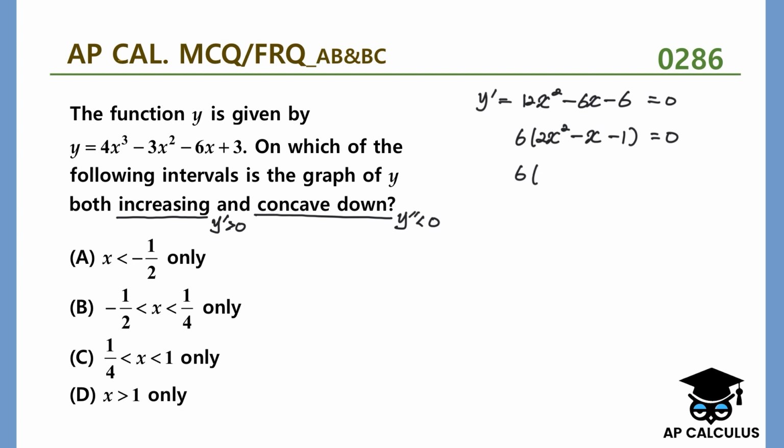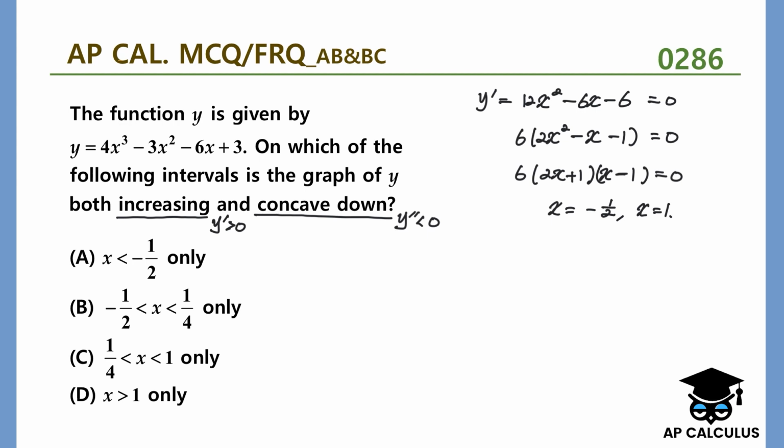So we have 2x and x, and we must have 1 with a minus sign here and plus here. So 2x times negative 1 is minus 2x, and 1 times x is plus 1x, so minus 2x plus 1x is minus x, right? So that is equal to 0. So the critical points are x equals negative 1/2 and x equals 1.